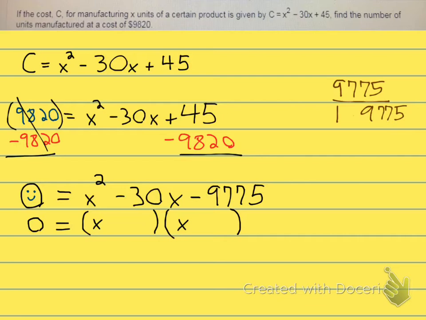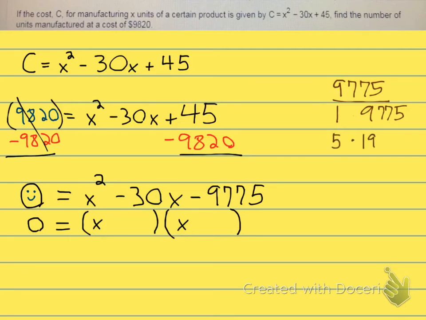No. Does 3 go into there? Let's see, 9,775 divided by 3. No. Let's try 4. 9,775 divided by 4. No. 9,775 divided by 5. Yes. 5 and 1955.